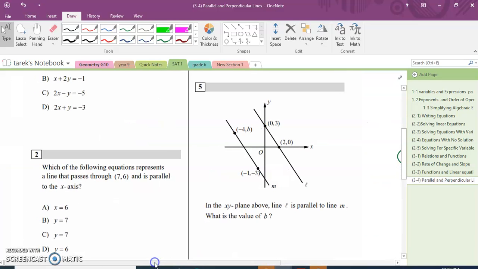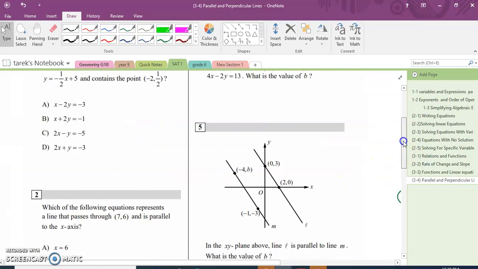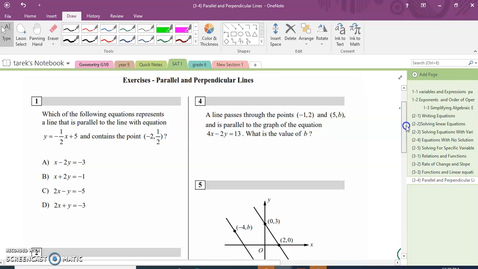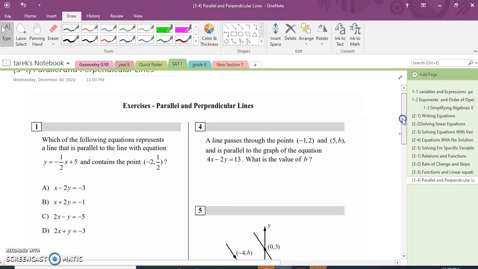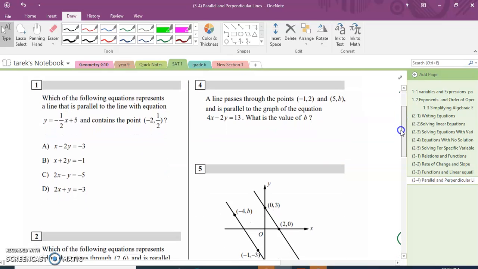Let's get started with the exercise. Which of the following equations represents a line that is parallel to the line with equation y equals negative half x plus 5 and contains the point negative 2, 5?